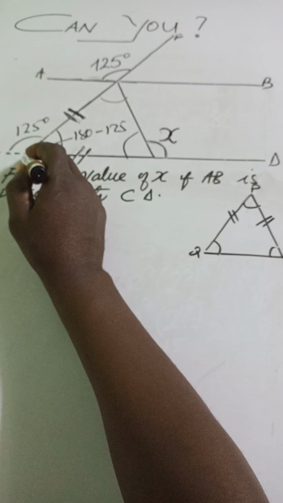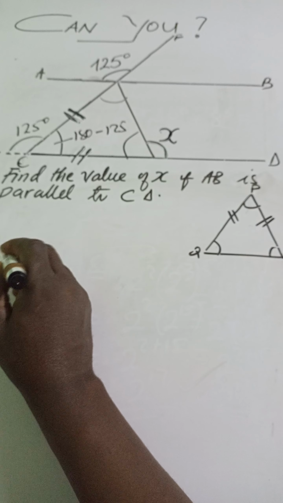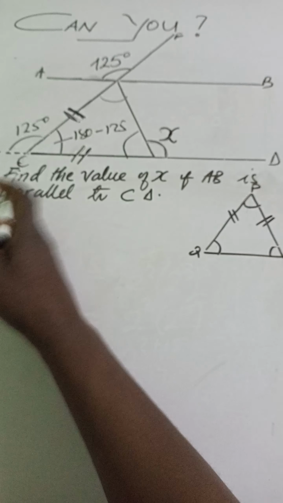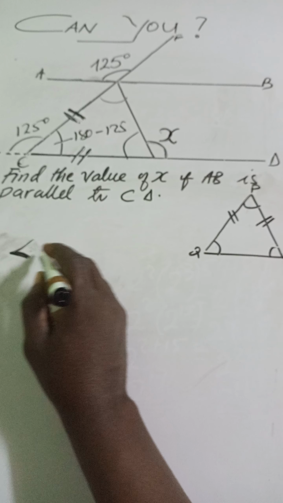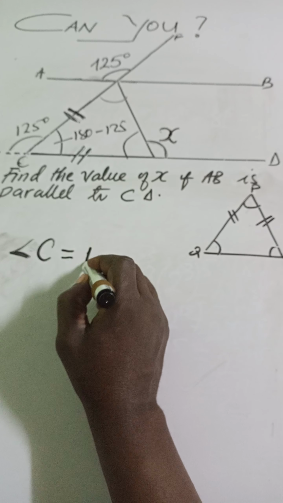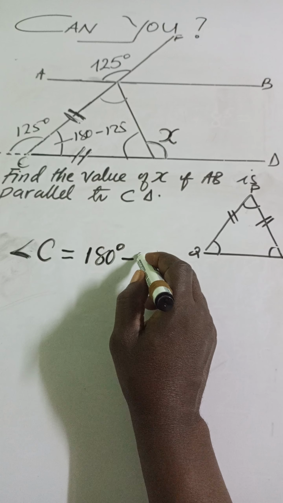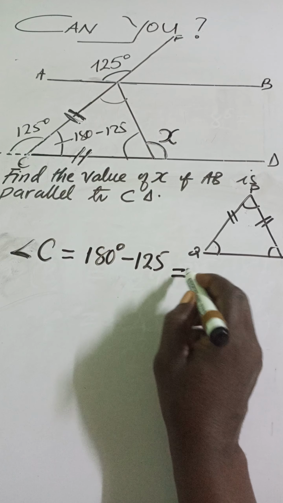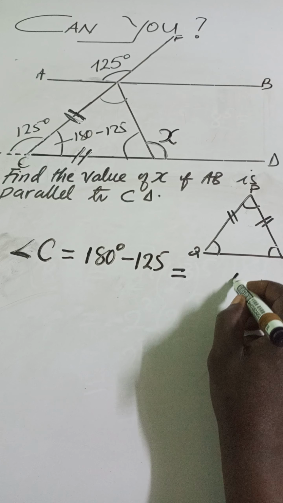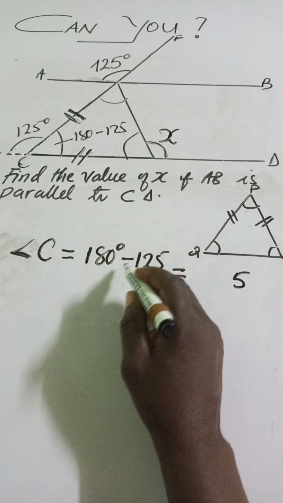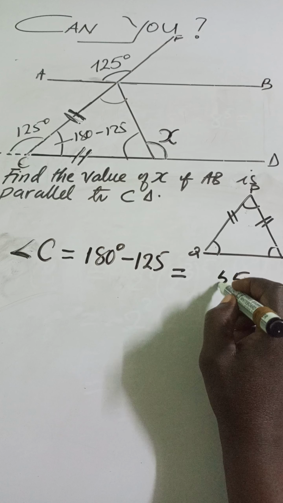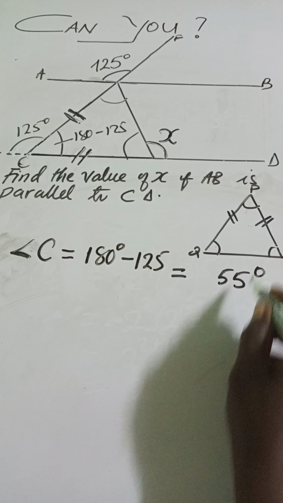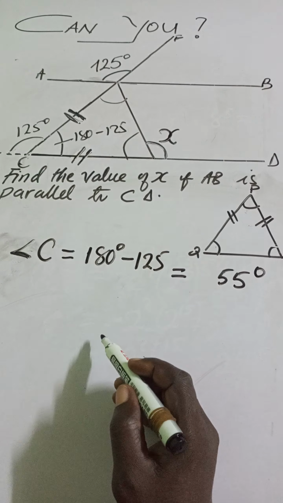Let's call this angle C, since this point was C. So angle C will be equal to 180 degrees minus 125. We're working from here, angles on a straight line. That should give us 180 minus 125, which is 55 degrees. So this angle here is 55 degrees.